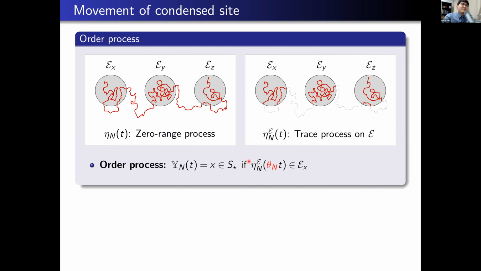By defining this object, you first speed up your process in order to see the jumps within order 1 scale, and you just look at the index of the valley where you are staying. So this is a process on S star, which summarizes the metastable behavior of the zero range process. If the zero range process jumps from E_x to E_y, then this order process will jump from x to y.